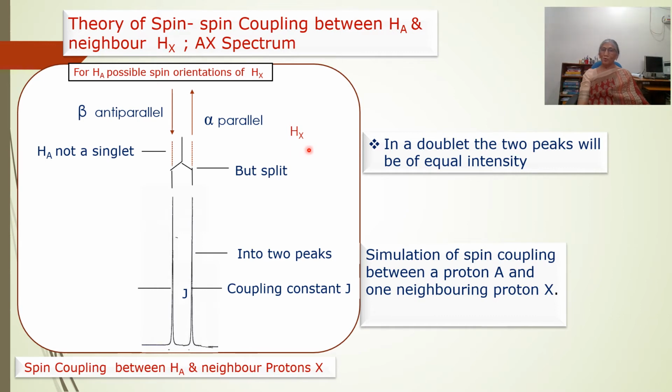So proton X will also show two different resonance states. One when the net effective magnetic field is greater, another when the net effective magnetic field is low. So the signal of proton X will also show two peaks, and the distance between the two peaks will be known as the coupling constant J. Here you see the intensity of the two peaks is equal. It is 1:1.